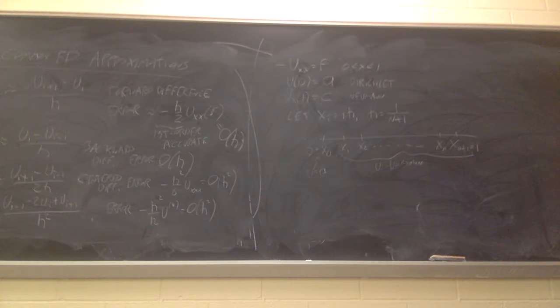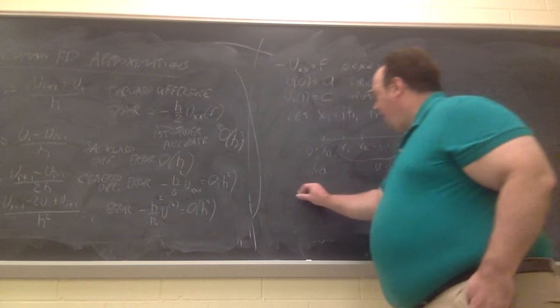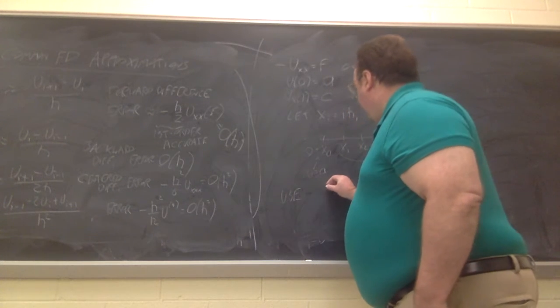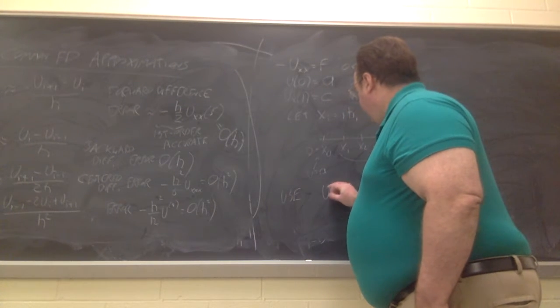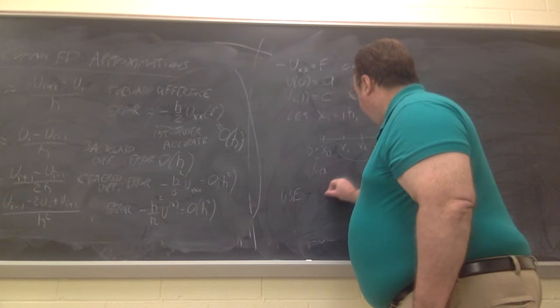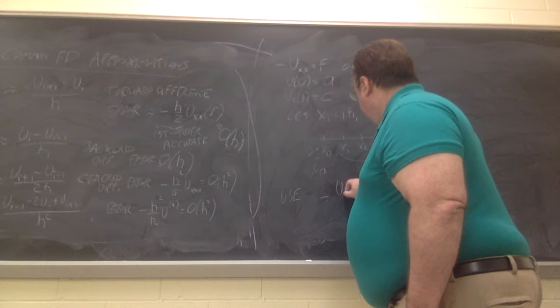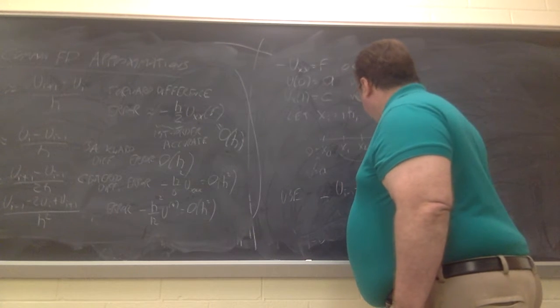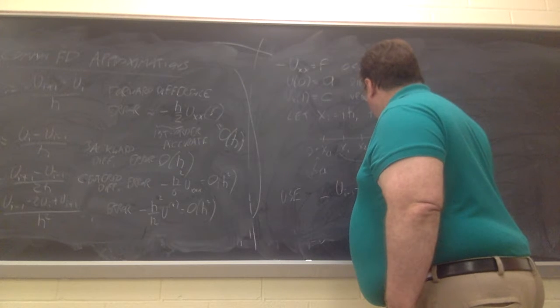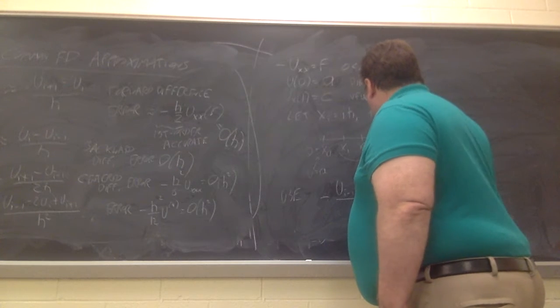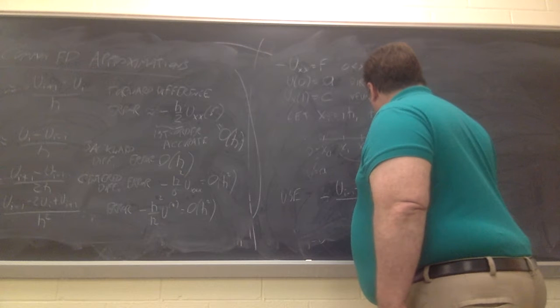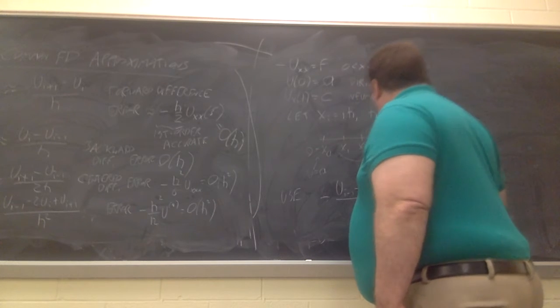Now, the boundary conditions are only going to come into play at a couple of points. So for the most part, I have the same kind of equation as before. So I have minus ui minus 1 minus 2ui plus ui plus 1 over h squared is equal to fi.